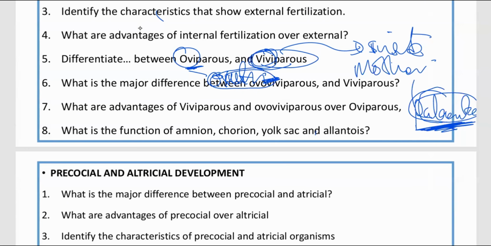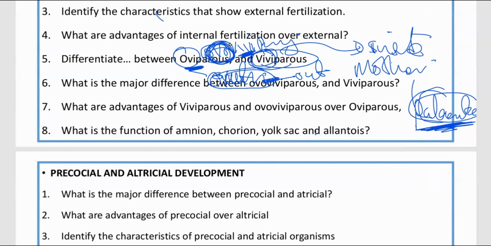So that is the major difference. Sometimes we can also add ovoviviparity, of which the development is inside, but the embryo obtains nutrients from the egg yolk. Here the embryo obtains nutrients from the egg yolk, but the development is outside.